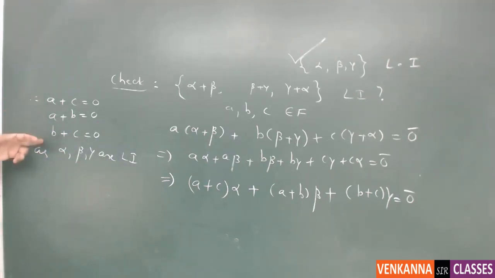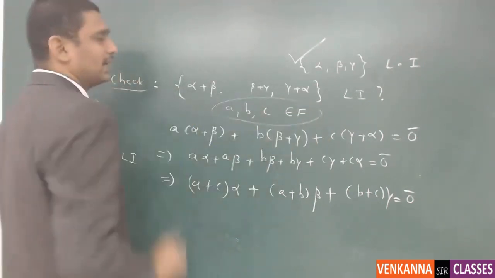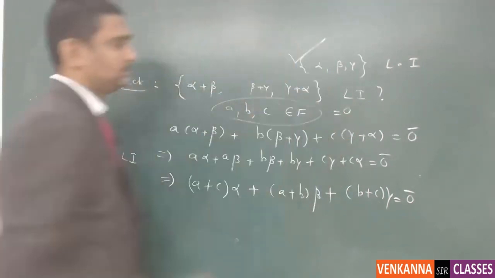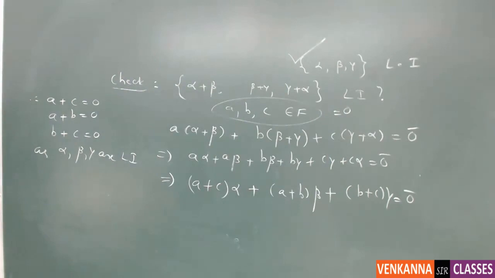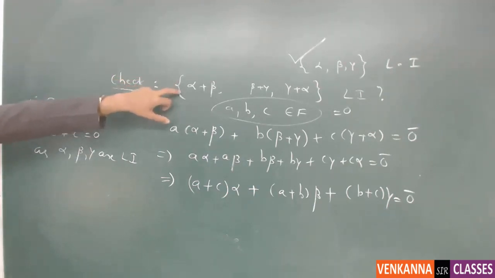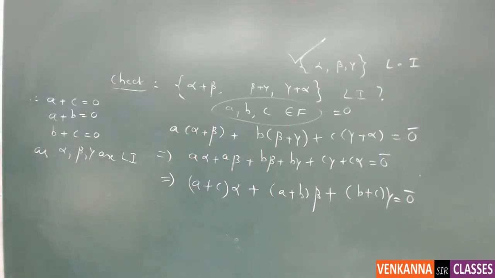Using these relations, I should prove the scalars I have taken are 0. If I am able to prove that all the scalars became 0, this set becomes LI. If among A, B, C at least one value is non-zero, this set becomes LD.